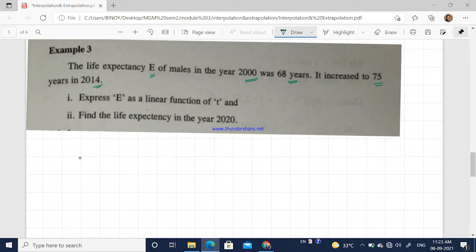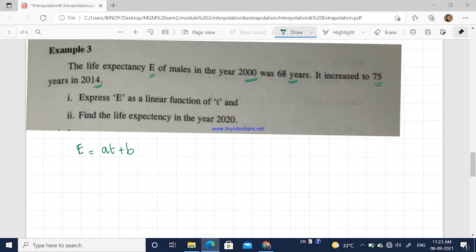The linear function is expressed in the form E is equal to AT plus B, where E is your life expectancy. This is the linear function for expressing the life expectancy.